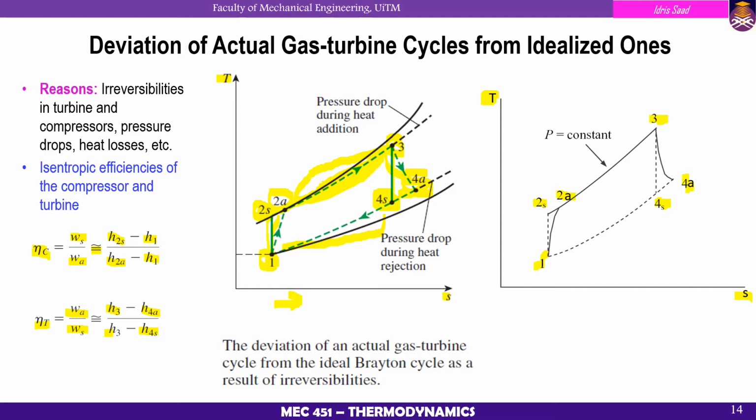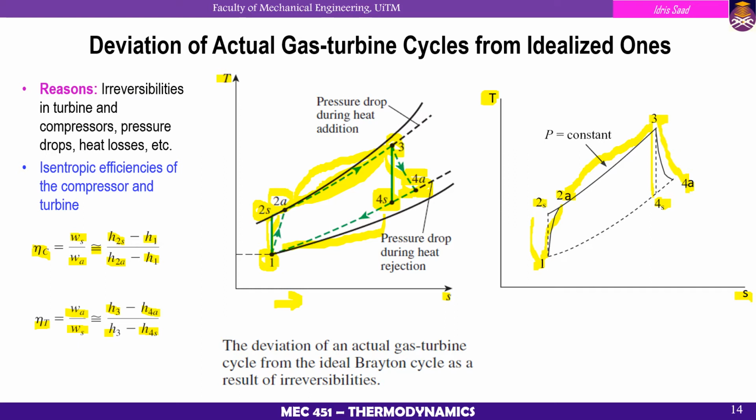So now we have process 1 to 2S, process 2S to 2A, process 2A to 3, process 3 to 4S, and process 3 to 4A.